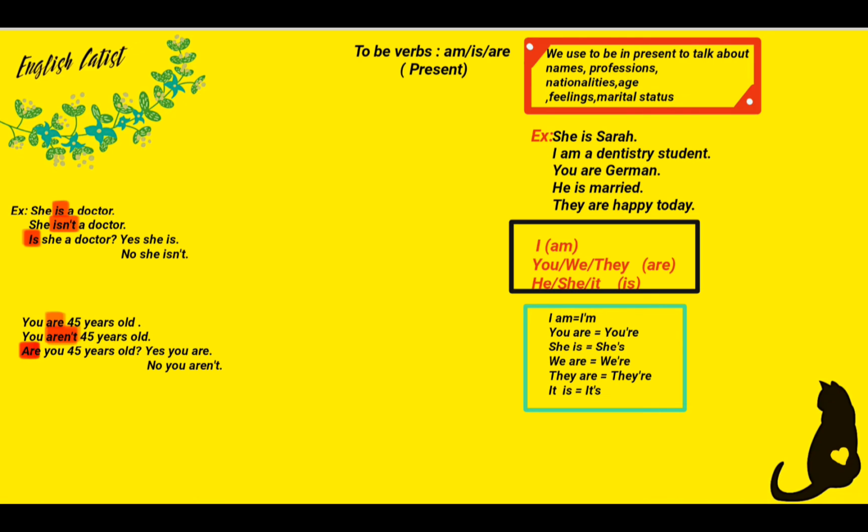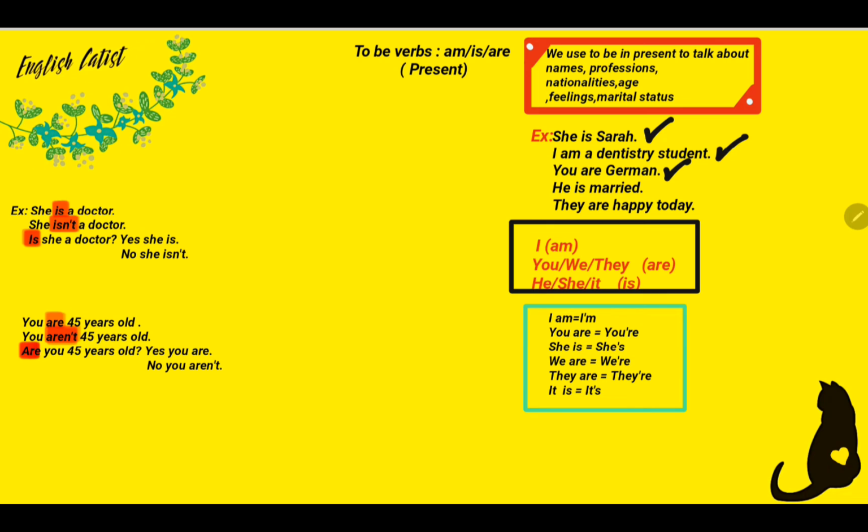The first one: she is Sarah, about names. The second one: I am a dentistry student, about professions, jobs, or majors. The next one: you are German, about nationalities.